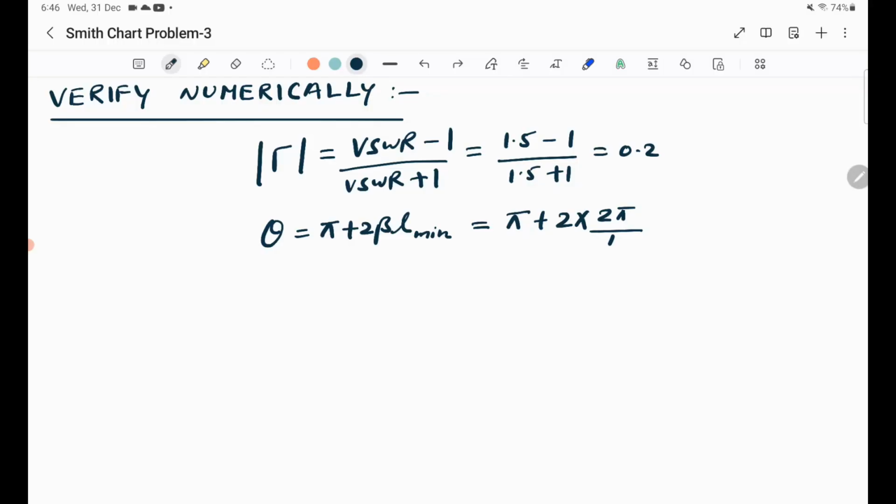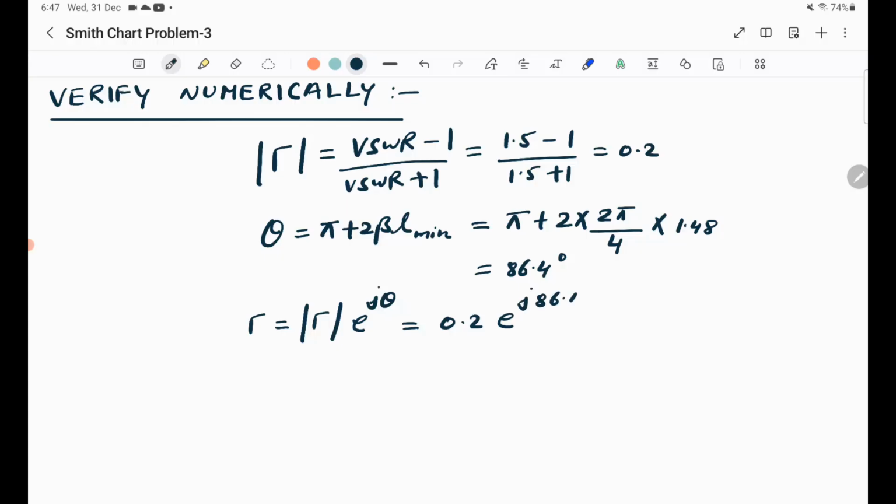We have found the value of lambda as 4 centimeters and L min is 1.48 centimeters. So this value becomes 86.4 degrees. So the reflection coefficient gamma, which is the magnitude times e to the power j theta, that is the phase of the reflection coefficient, we can write as 0.2 e to the power j 86.4 degrees.